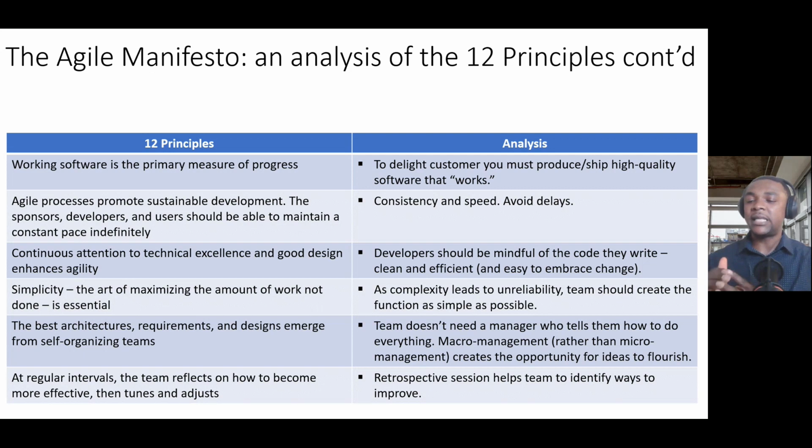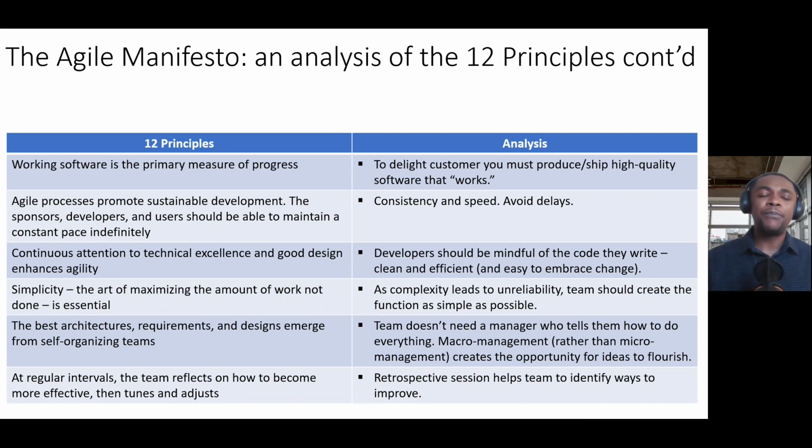Is what the team is working on working? If what the team is shipping to the client is working, that is one key way to measure progress. There are different metrics or KPIs to use, but whatever the team is shipping to the clients, if it is working, that is an excellent way to measure success or progress.